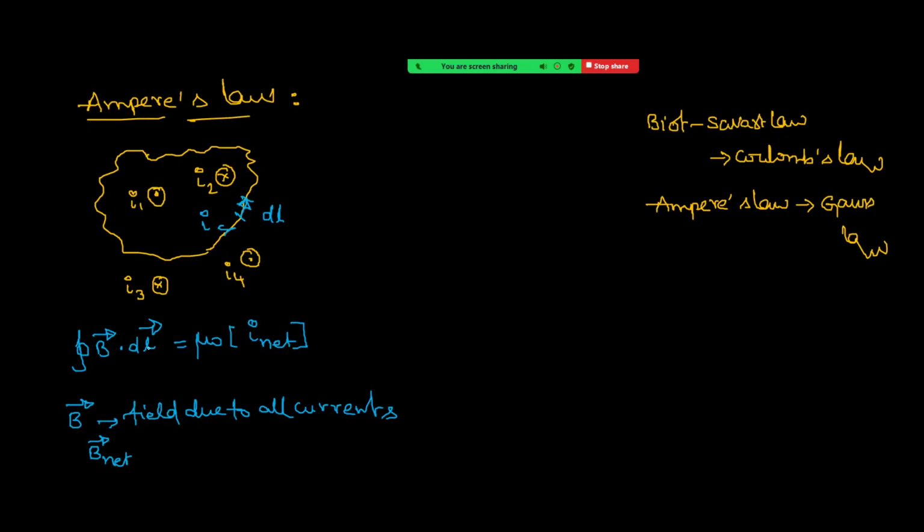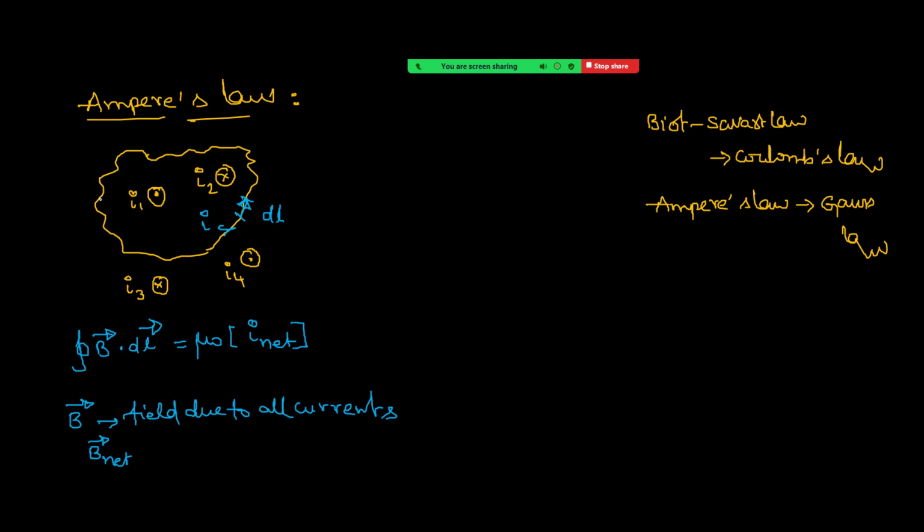So B bar dot dl bar for this part. Like this, we have to take all elements, small lengths on this loop, and calculate B bar dot dl bar. Then we have to add all those things. That is integration. And remember this symbol here. This is a closed integral in the sense we are taking integration over a closed path.